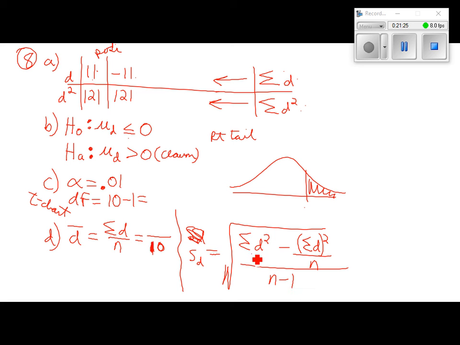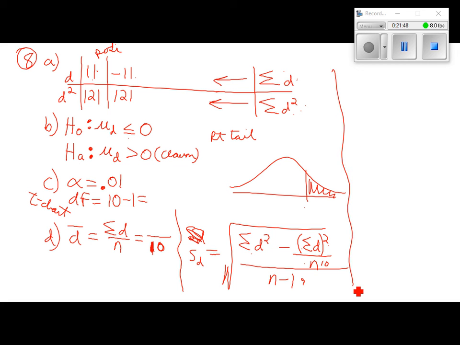For this spot, you just put in that number. For this spot, you put in that number right there, then you have to square it. The N is going to be 10, so we put 10 in there. Here it's going to be 10, so 10 minus 1 is 9, and it's divided by 9 on the bottom. That's going to find your D bar and your SD.